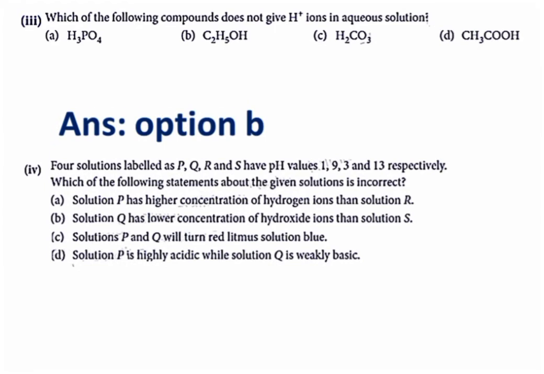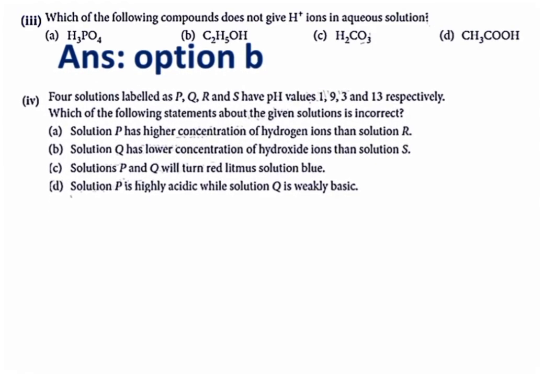The next question is, 4 solutions P, Q, R, S have pH values 1, 9, 3 and 13 respectively. Which of the following statements about the given solutions is incorrect? So let's take each option one by one and check whether it is true or false.